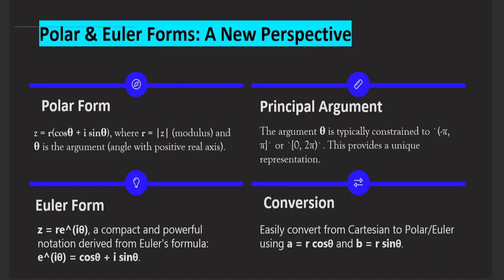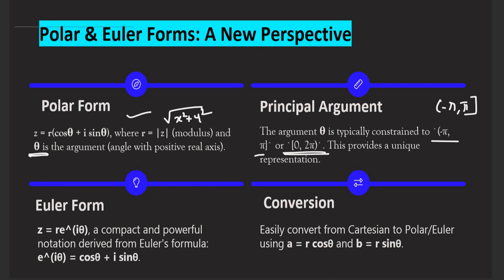Let us recall what we have learned. The polar form of a complex number z is equal to r into cos theta plus i sin theta. r is equal to the modulus of z, which is equal to root of x square plus y square if z is equal to x plus iy, and theta is the argument, the angle with the positive real axis. The principal argument lies in the interval minus pi to pi, or in the interval 0 to 2 pi.